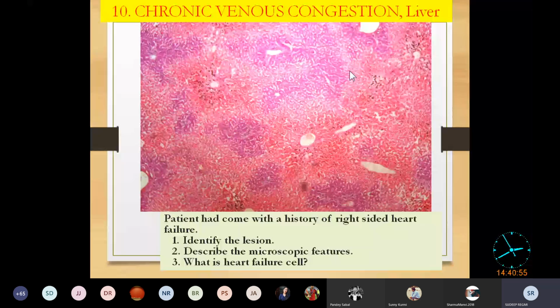So this is a liver where there is hemorrhagic necrosis surrounding the central vein and viable areas in the other areas. So this is a chronic venous congestion of the liver. So if it was a chronic venous congestion of the spleen, what would you see?